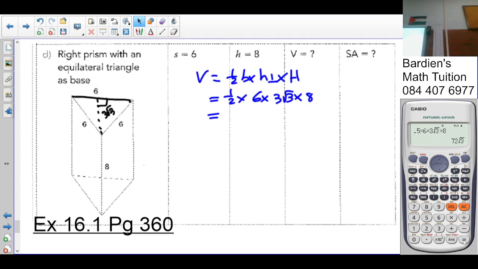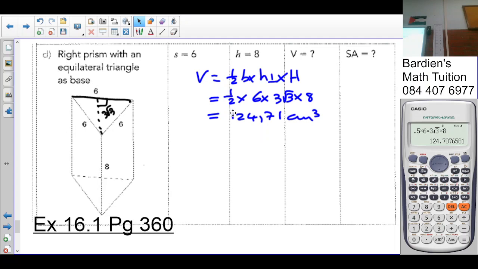It gives you 72 root 3, which is 124.71 centimeters cubed. Is that correct? To 1 decimal place it is 124.7.